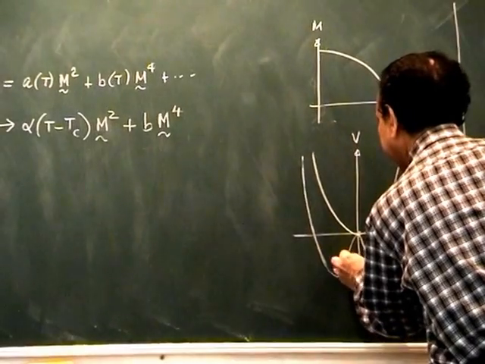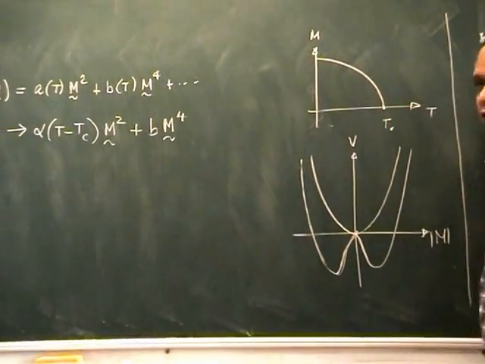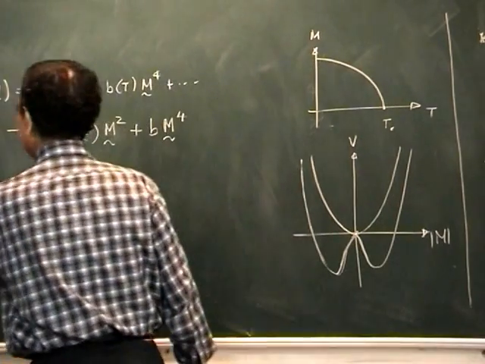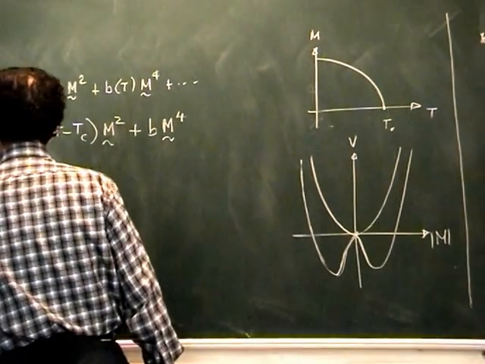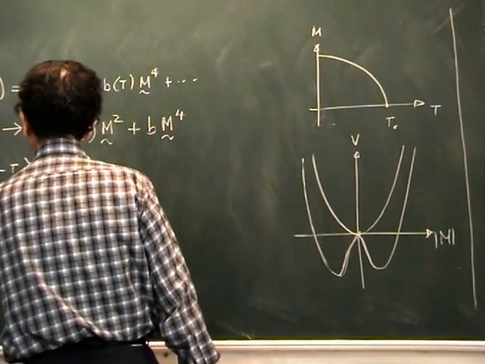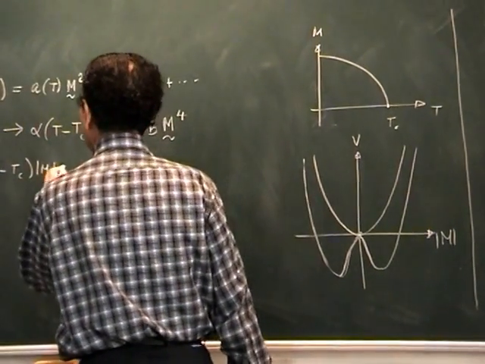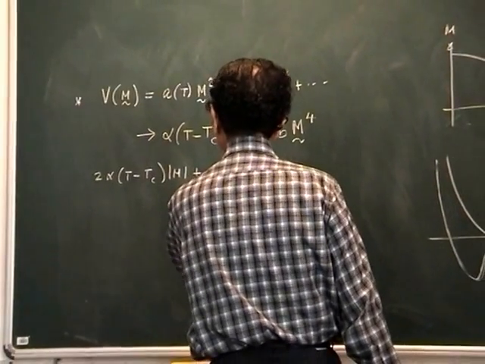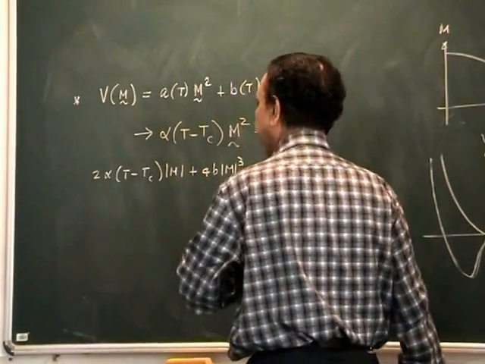This is the beauty. So the minimum of the potential, if I just differentiate this with respect to m, I have 2 alpha (T minus Tc) m plus 4b m cube is equal to 0.